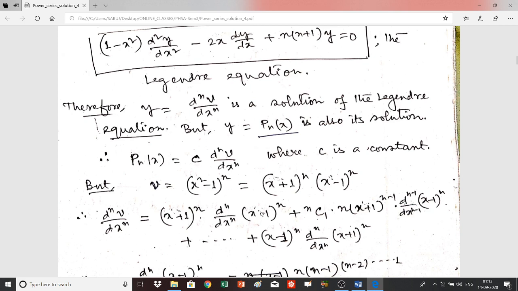That means you have to perform the nth order differentiation of (x minus 1)^n, and then the next term will be nC1.